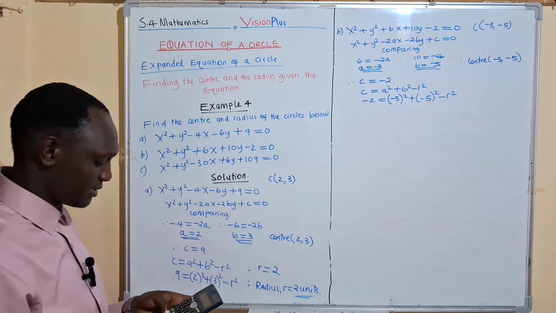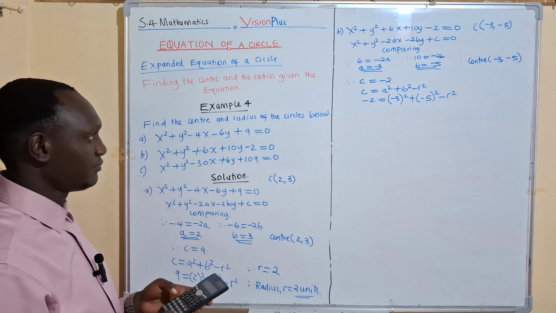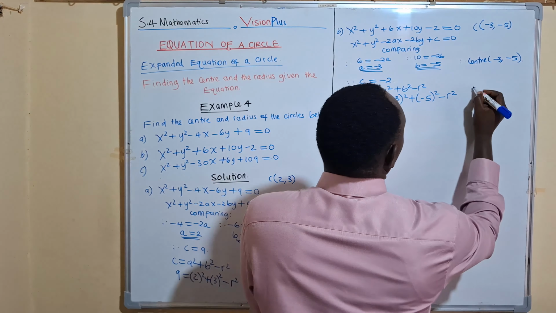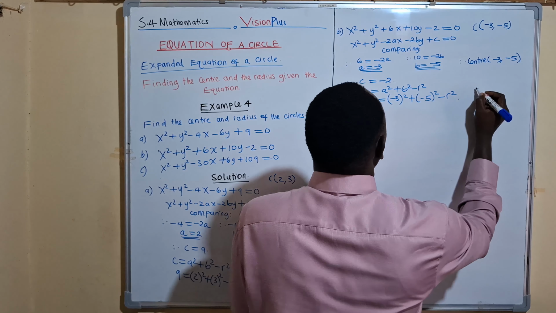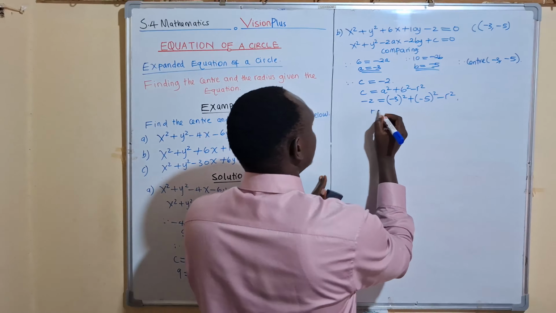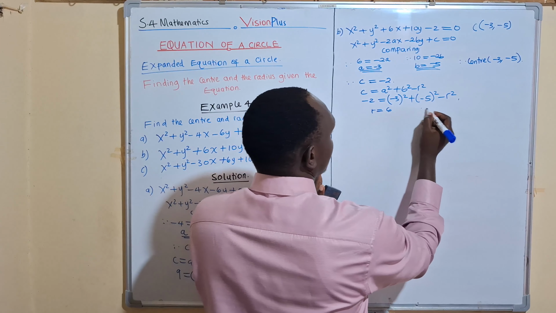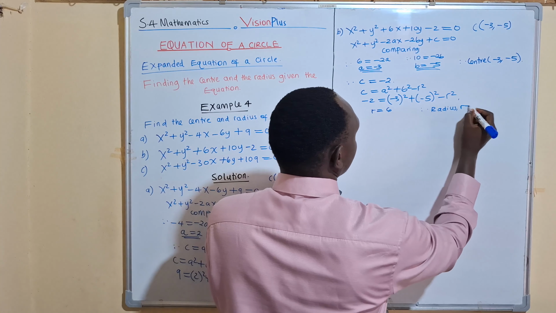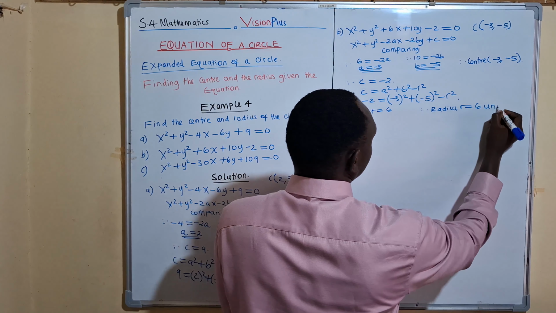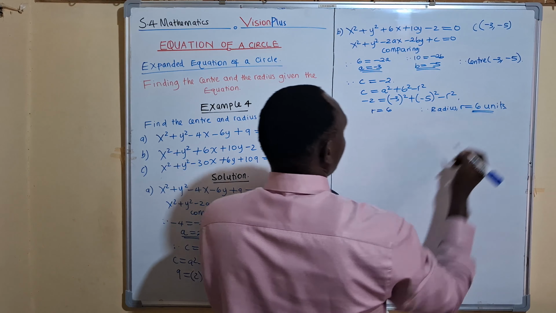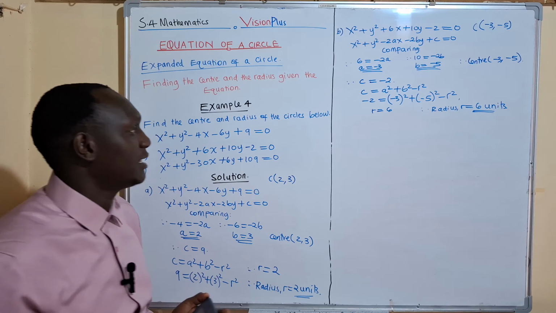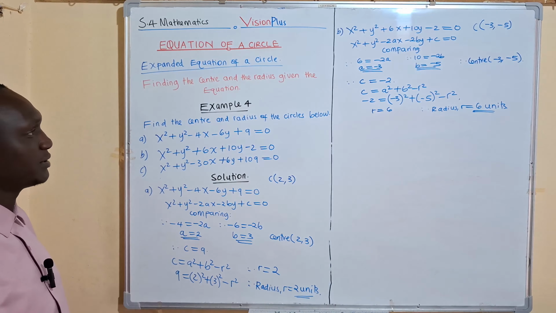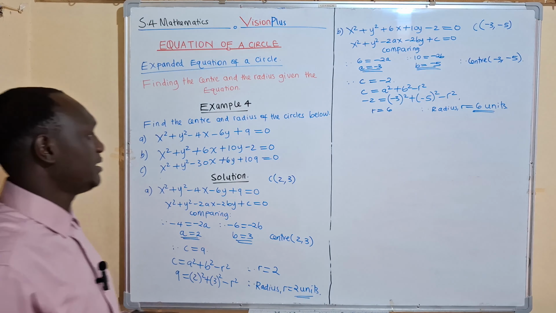Negative 3 squared plus negative 5 squared plus 2, I'm getting r as 6. Therefore the radius r is 6 units. Please go through the extra steps and find r. So that is the center and the radius for part B.